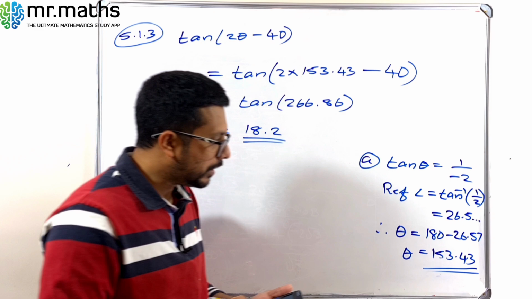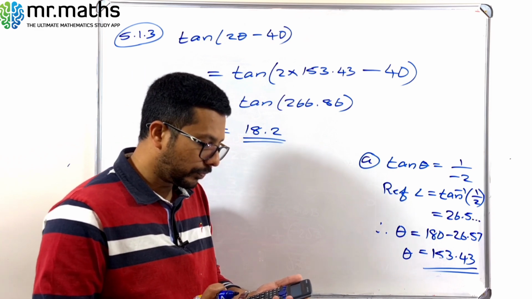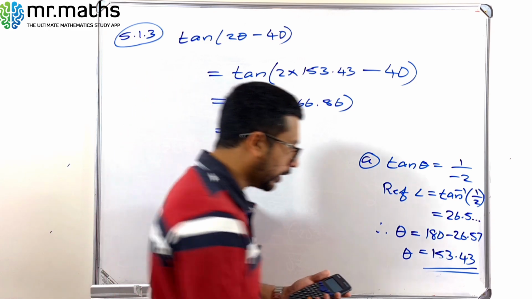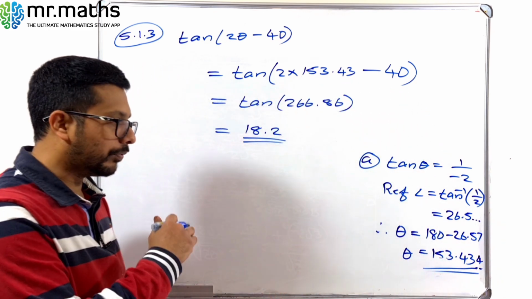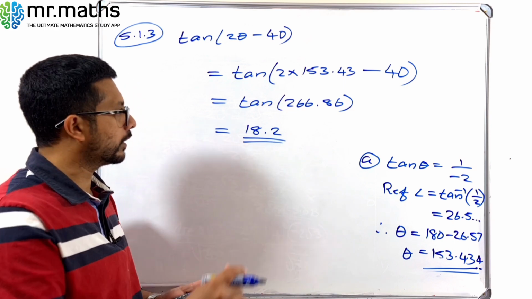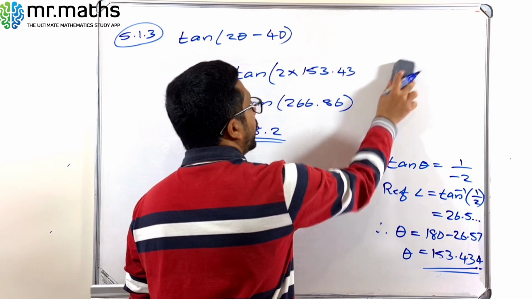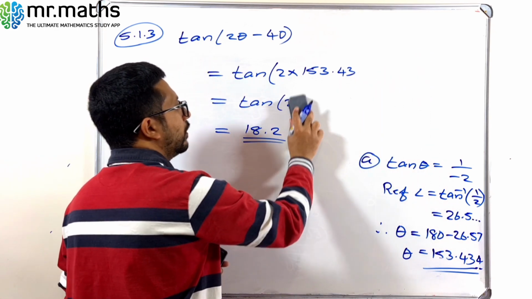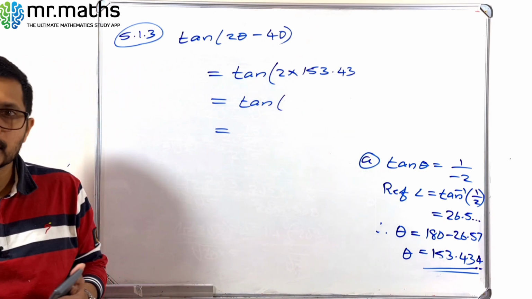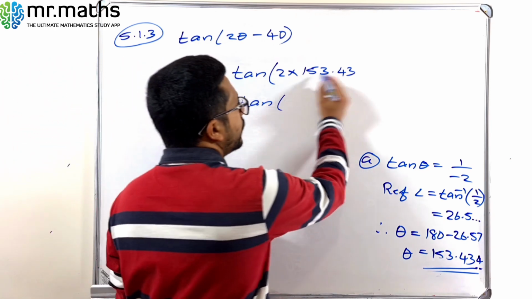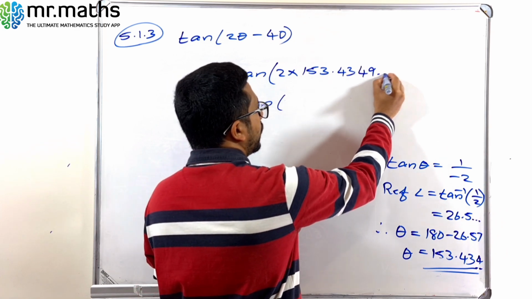Then 180 minus that answer is 153.4349, write the full number there. So here also you have to write that full number. I'm just trying to correct the decimal places. So 153.4349, write the full number.